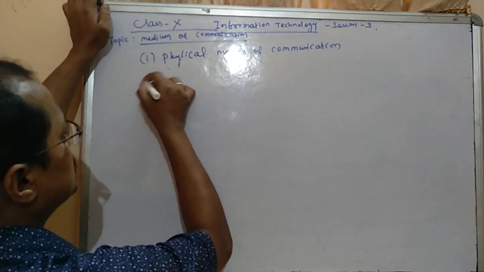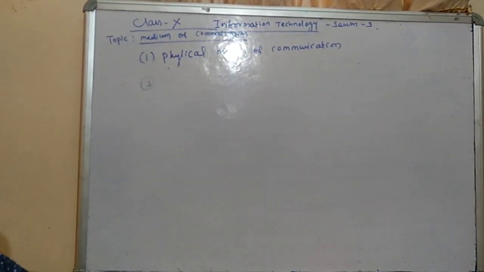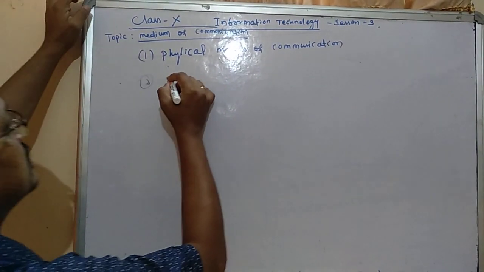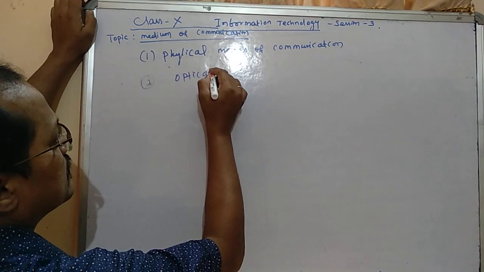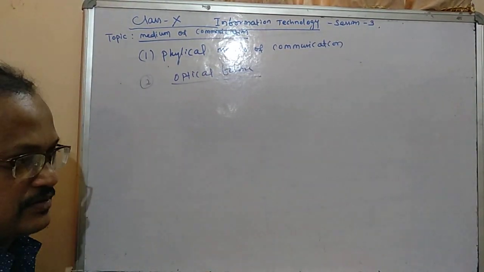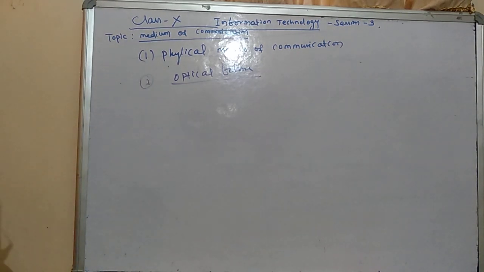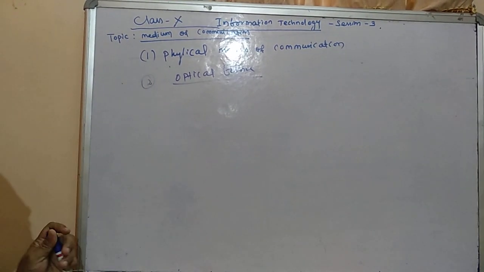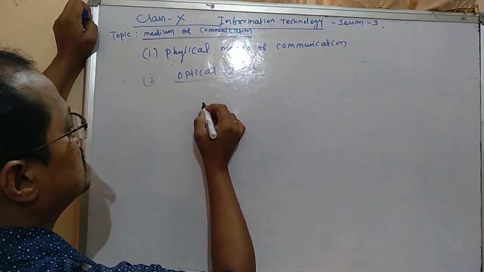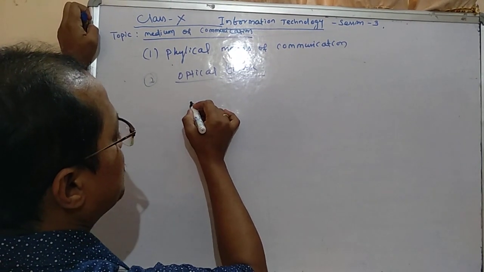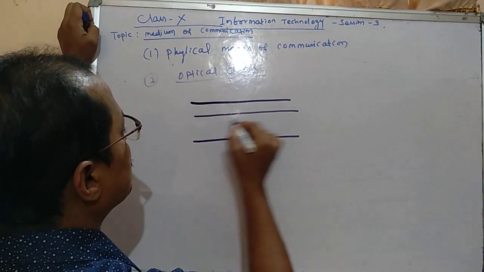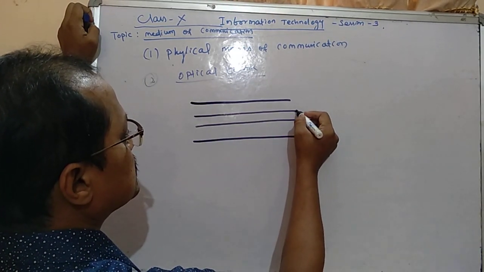Number two, optical fiber. In optical fiber the structure is like this. There are two reflecting surfaces.